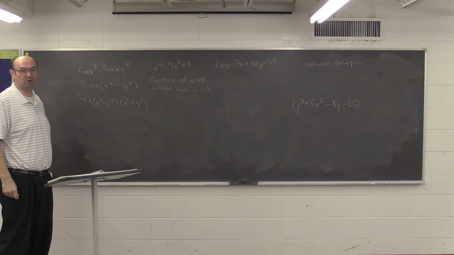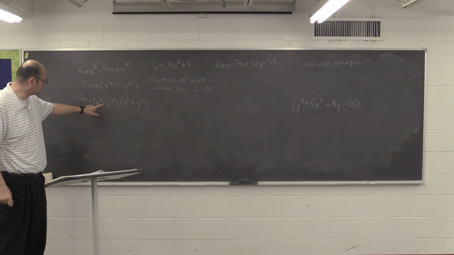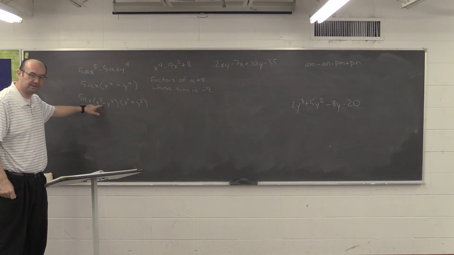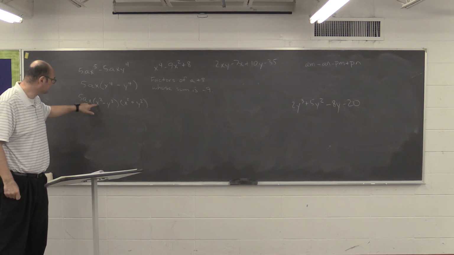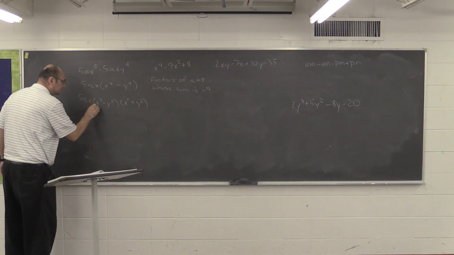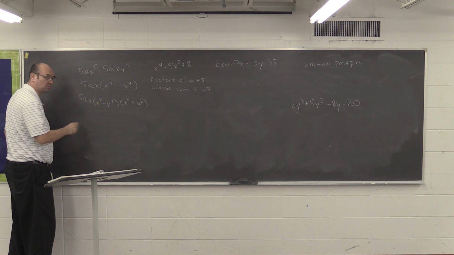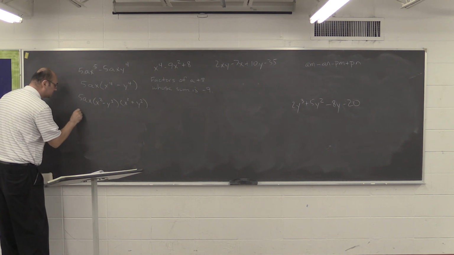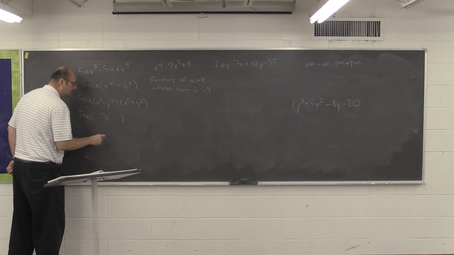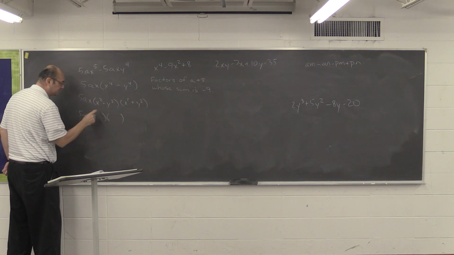Well, we have one more step, don't we? Because this particular binomial is also a perfect square. It has a minus, and it also has a first and a second term that basically are perfect squares. What times what is x squared? X. What times what is y squared? Y. So let's write 5ax, and let's write what the perfect square set of binomials is for just this.